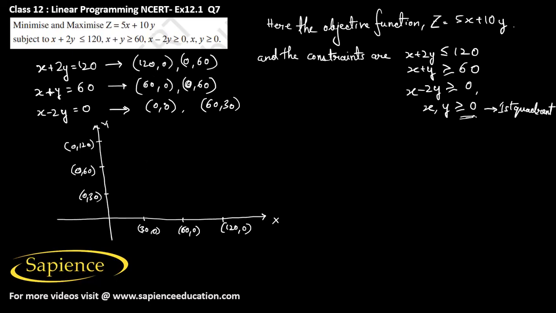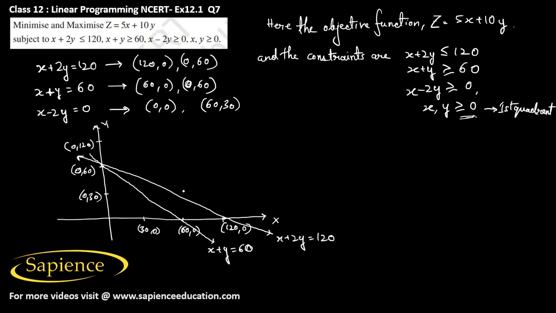So x plus 2y will pass through the points 120, 0 and 0, 60. So we should join these 2 points. So this is the approximate straight line, which is x plus 2y equals 120. And this straight line will pass through 0, 60 and 60, 0. So it will be somewhat like this. It is x plus y equals 60. And this will pass through 60, 30.